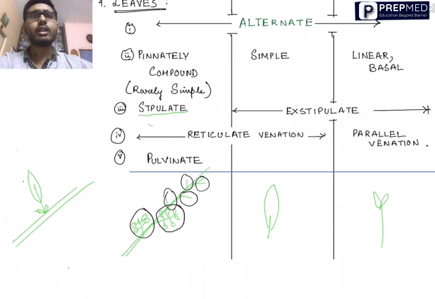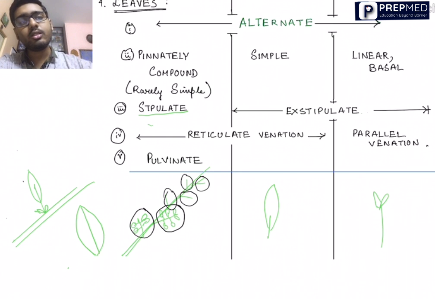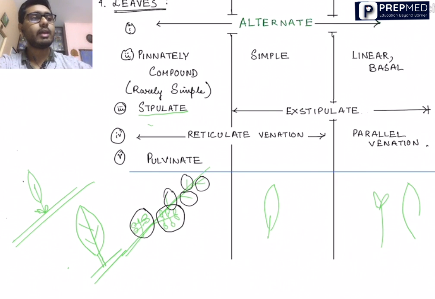Now let's come to another important concept of venation. We know that there are two types of venations, reticulate venation and parallel venation. This is a reticulate venation and this is a parallel venation. How to remember?